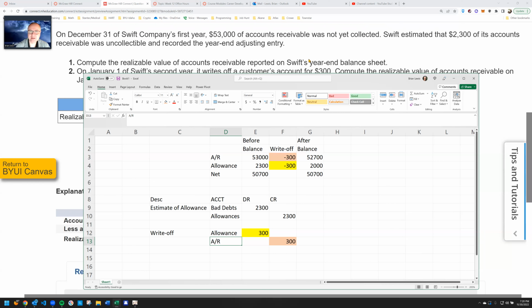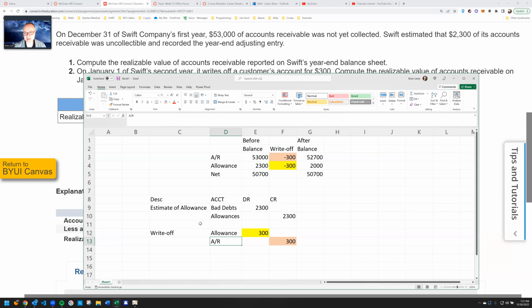Yeah. Anytime you have an allowance account, effectively you're using the allowance method, right? And a lot of companies do that because they first look at their AR balances and they try to estimate what they think the actual amount collectible will be, or the amount that they're going to end up writing off will be. And then they'll make the allowance at the end of the year or at the end of the quarter or whatever period of time that they're doing it.